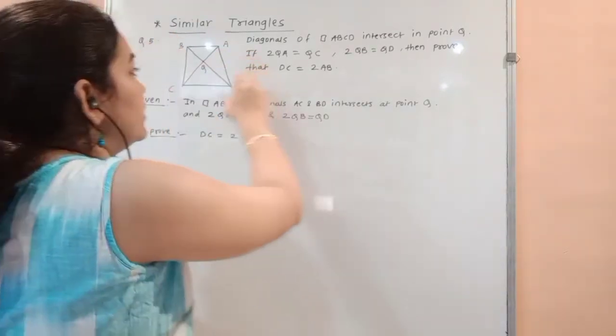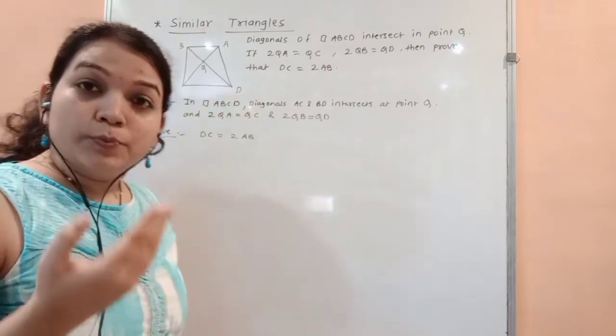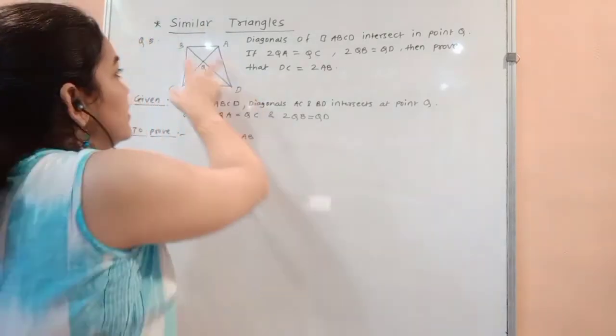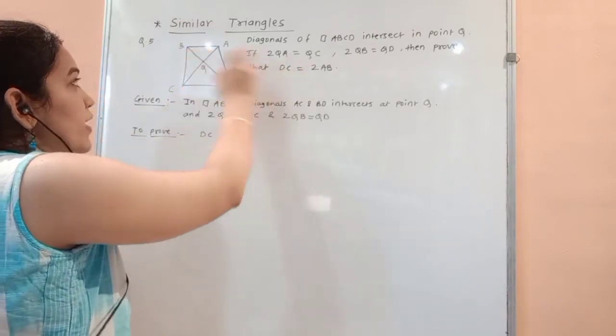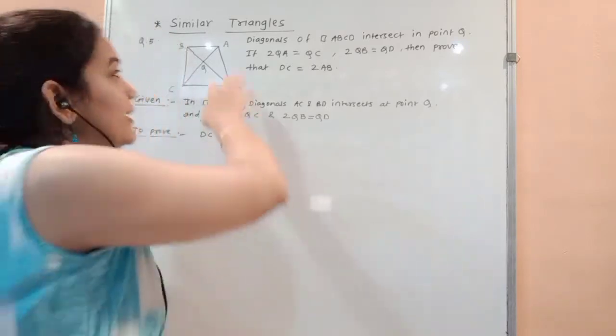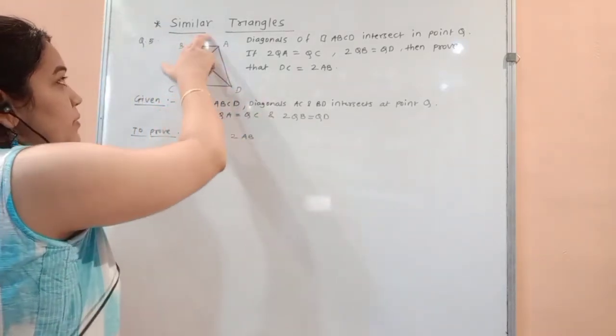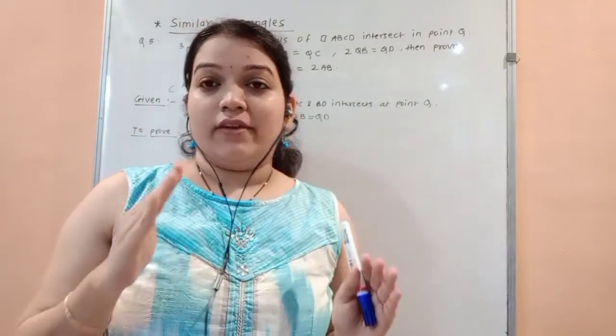Then prove DC is equal to 2 times AB. We have to prove that this side is double of this side, means twice AB is equal to this. This means CD is double of AB. Interpretation is very important.